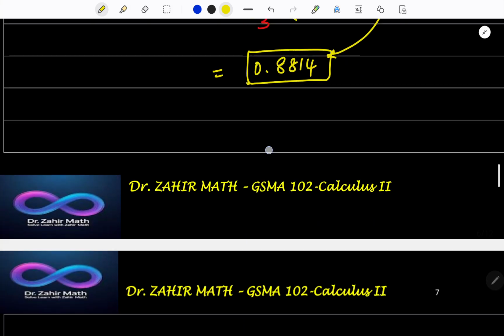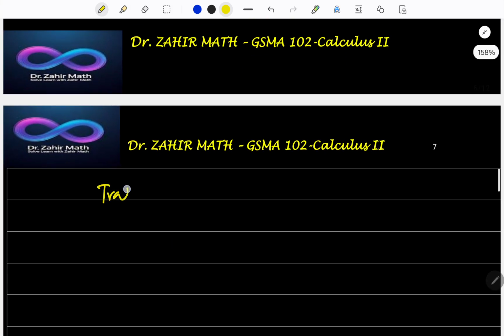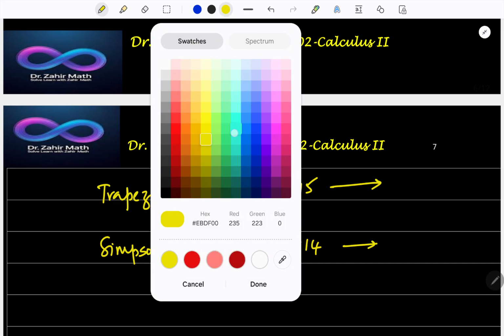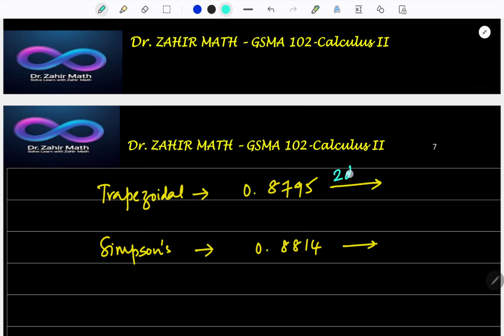See here, these are the two answers. For trapezoidal, we got the answer 0.8795. For Simpson's, we got the answer 0.8814. But actually they told you to round off to 2 decimal places.